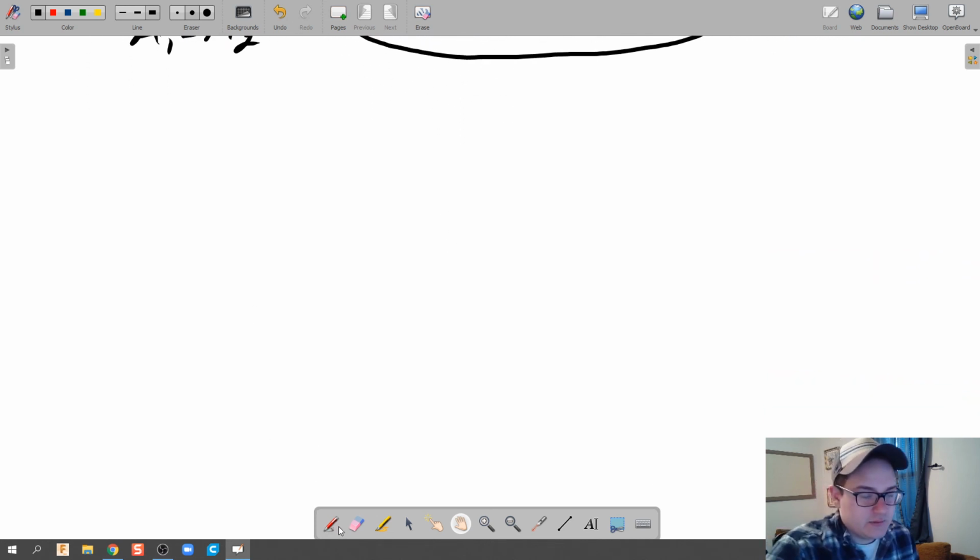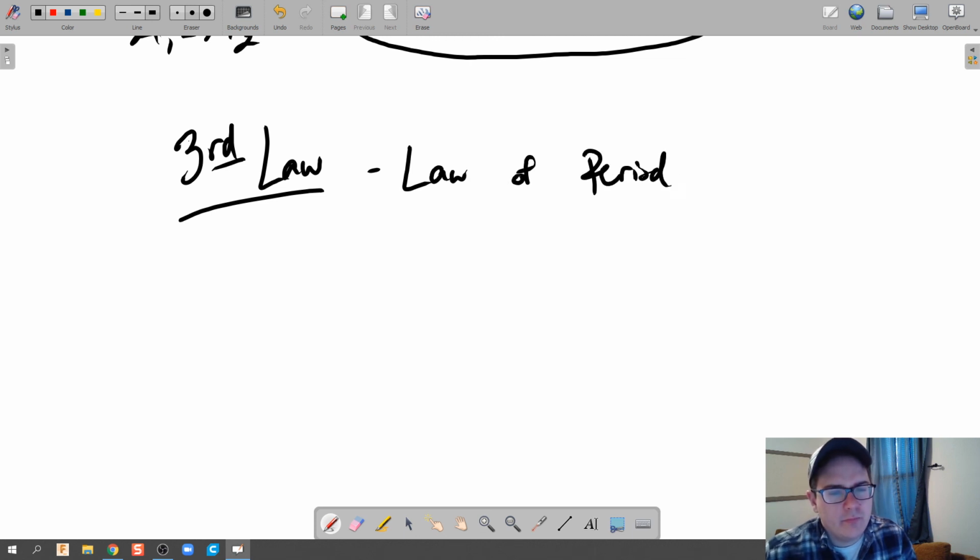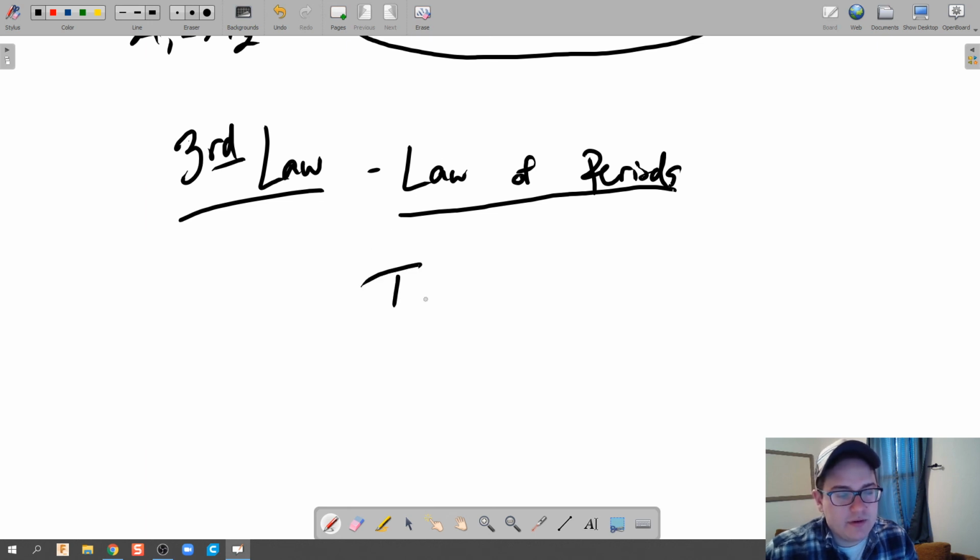And then the last one that pops up is Kepler's third law, the law of periods. That's where the period of A, or period of 1 squared, this is of 2 different objects.